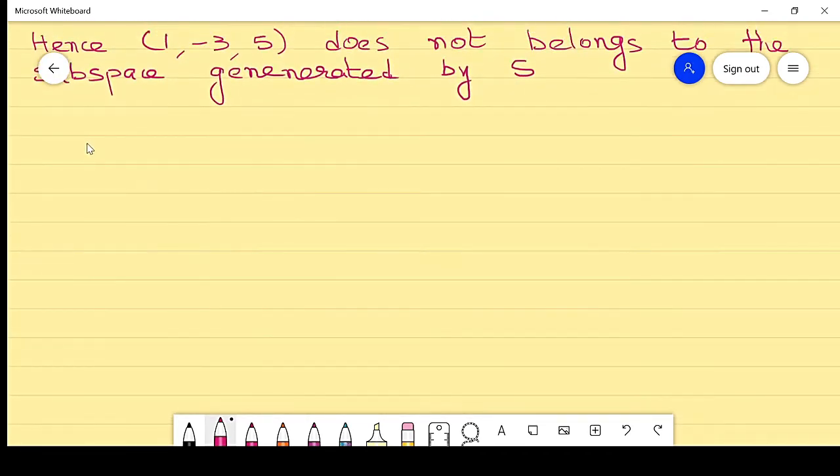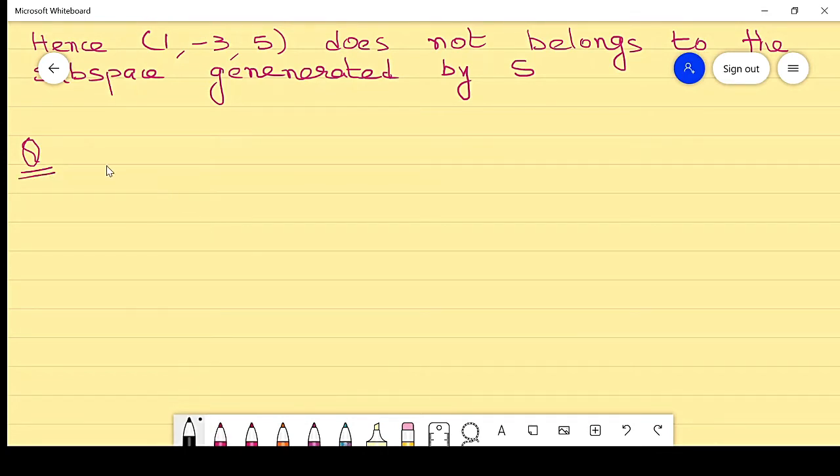Now the next type: to prove linear independent or linear dependent. So remember the next type.